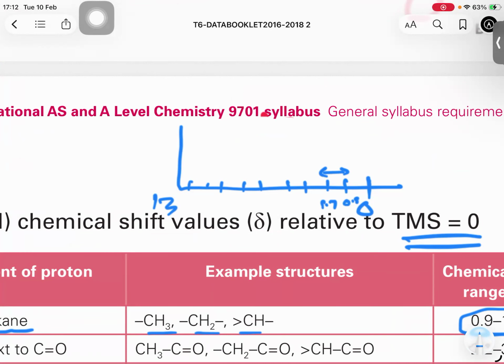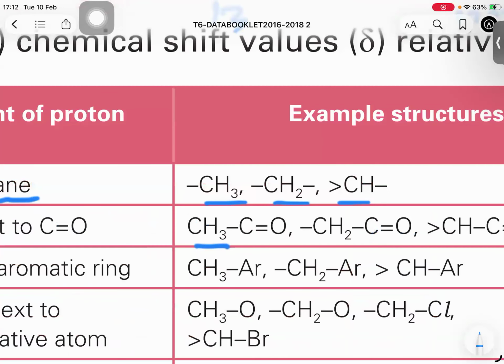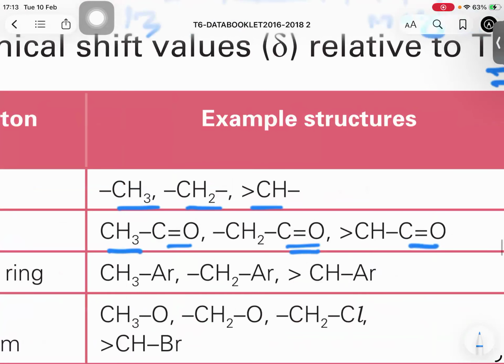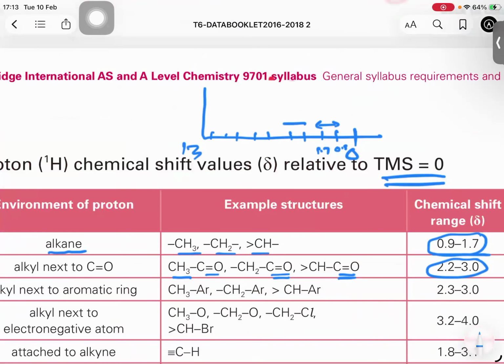Okay. And then 2.2 to 3. What about this? If there is a CH3 next to CO, or CH2 next to CO, or CH next to CO, they are going to give the peak at 2.2 to 3.